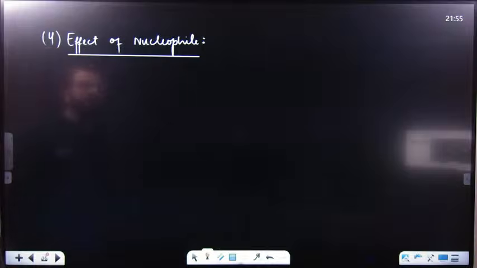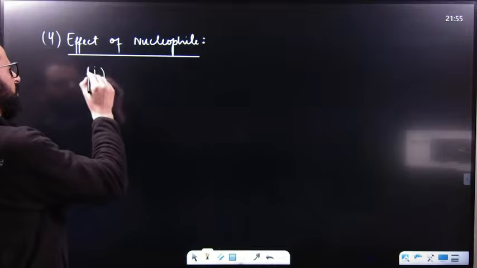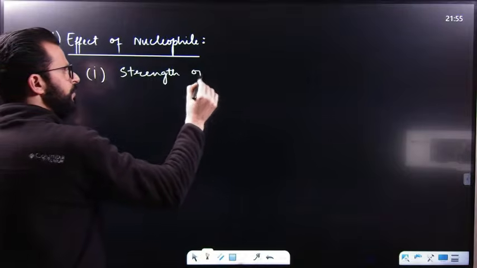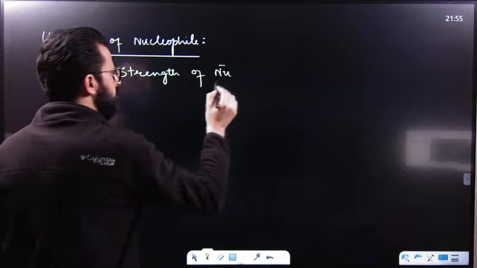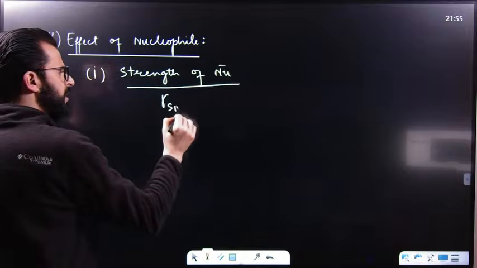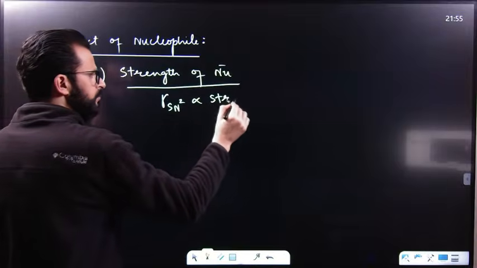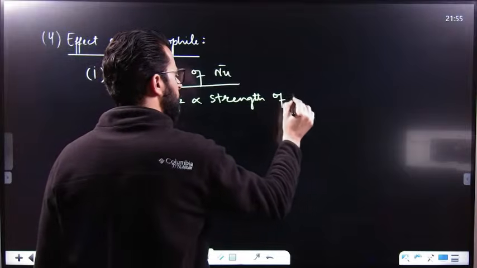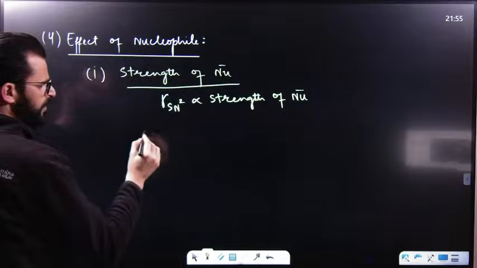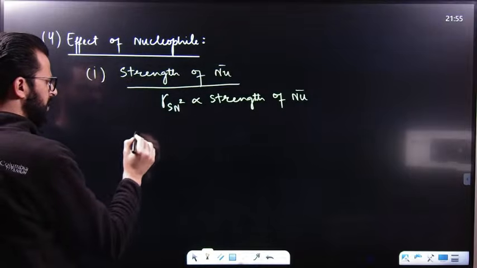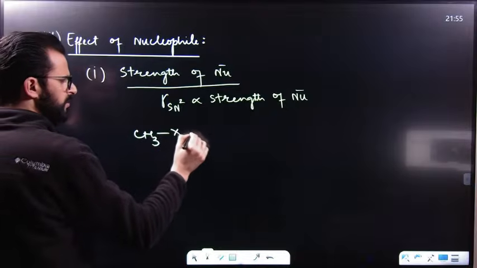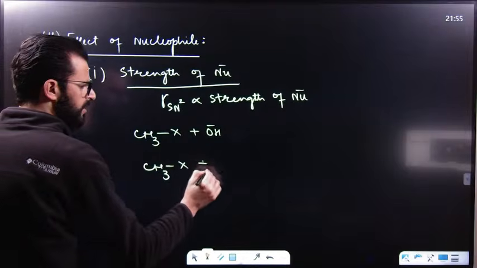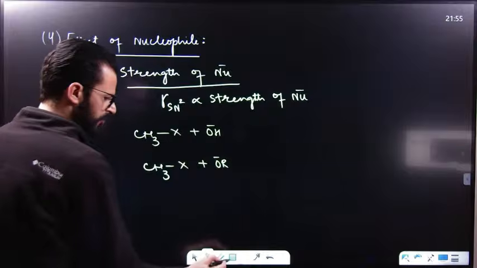After that, it's the effect of the nucleophile. First, we will see the strength of the nucleophile. Remember, the rate of SN2 is directly proportional to the strength of the nucleophile. The stronger the nucleophile, the faster will be the SN2 reaction. Let's take an example, CH3X plus OH minus, and another example, CH3X and then OR minus.